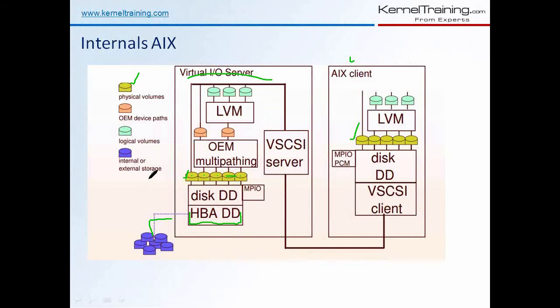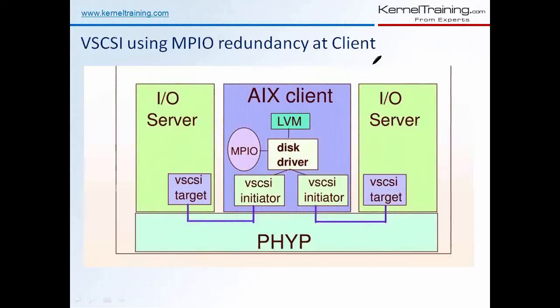Internal storage you can also share with your LPAR, or external you can take from the storage box, and map it as a raw disk, as a file, or as a VSCSI using MPIO redundancy at client side.